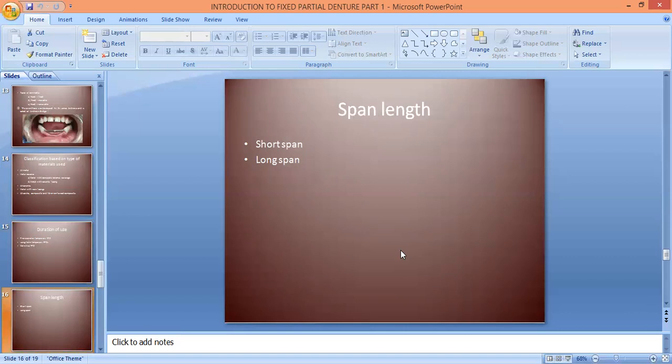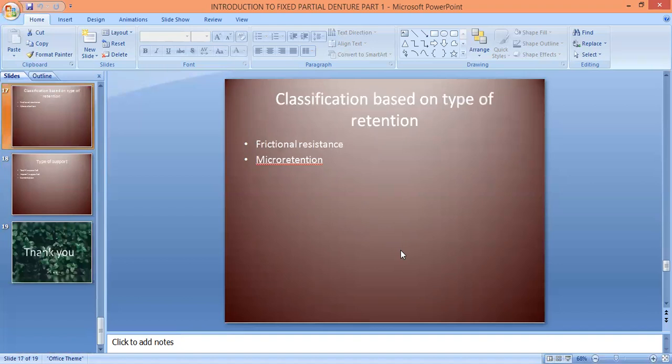According to span length, it's short span FPD and long span FPD. Short span FPD, as the word itself suggests, replaces one or two adjacent teeth and is confined to 3 to 4 units. Long span is the FPD which replaces more than two adjacent teeth. Depending on the type of retention, you have frictional resistance and micro retention.